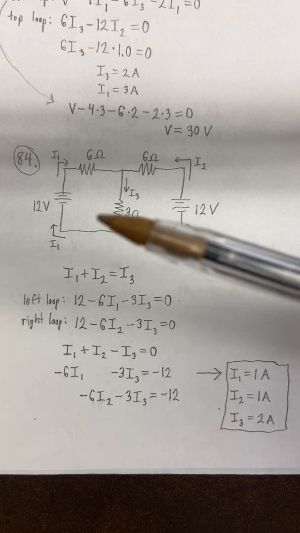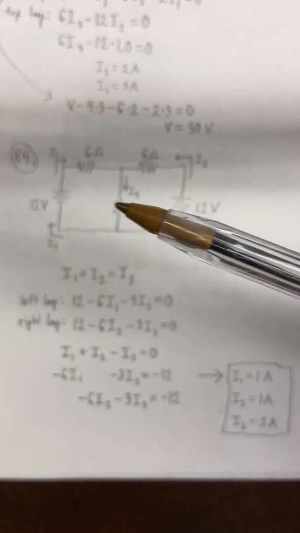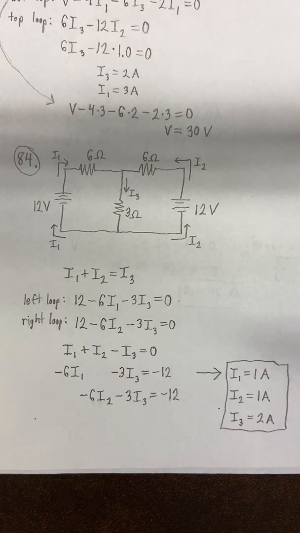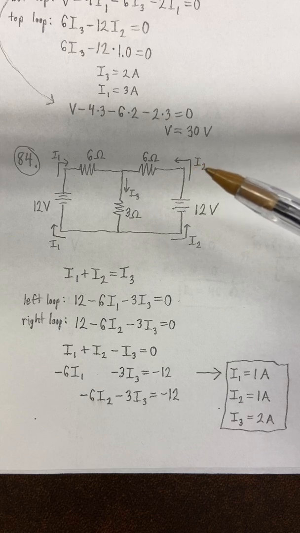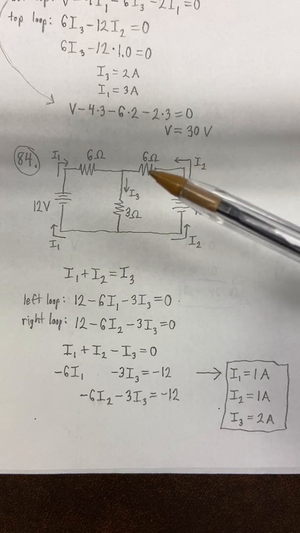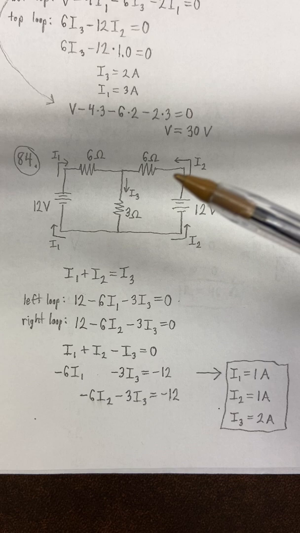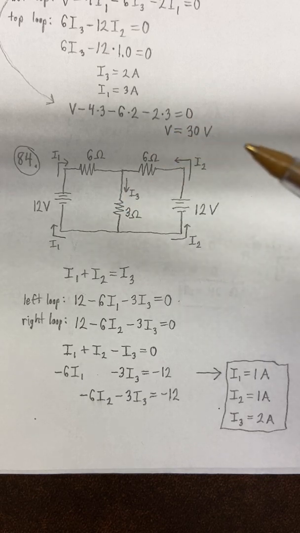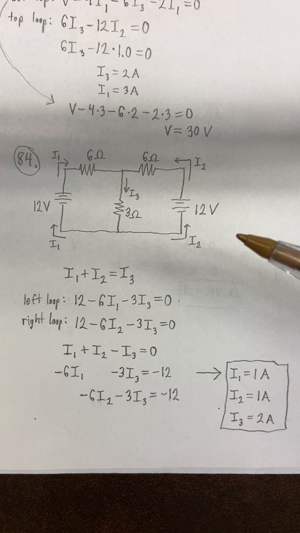How do we get that? Because we got a current coming up here, and then notice what it does when it reaches the junction. They merge into I3. Now, why do we have I1 coming off a battery and I2 coming off a battery? Because that's normally how you want to start. It's a reasonable guess.